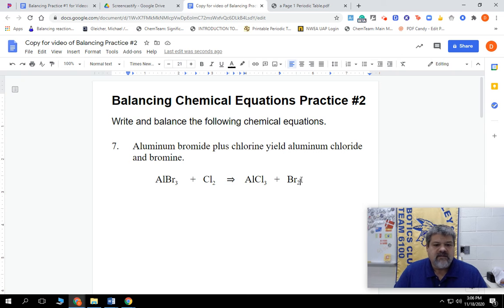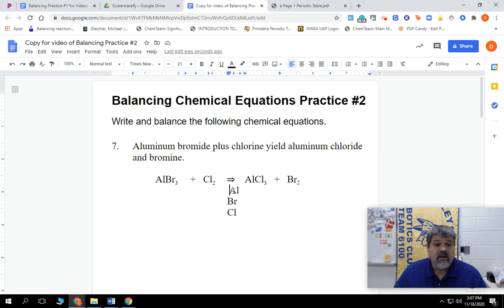It's not balanced. It could be balanced, but let's see if it is. Let's put in the elements that we have on both sides. We have aluminum, bromine, and chlorine, aluminum, bromine, chlorine. So how many do I have on each side?